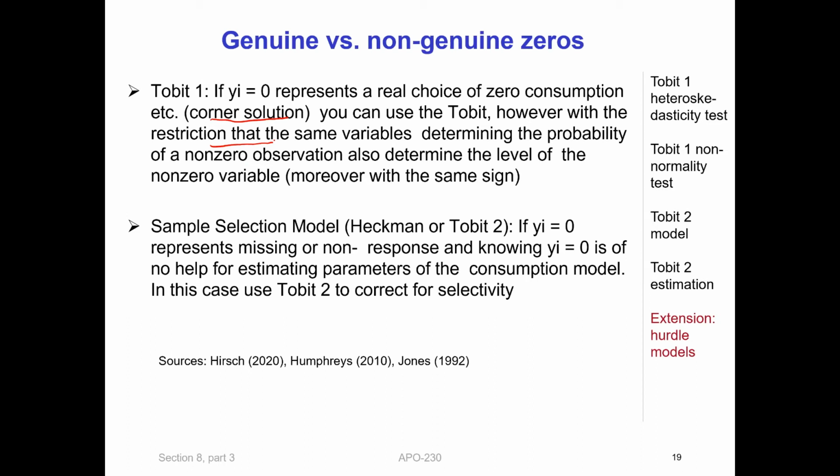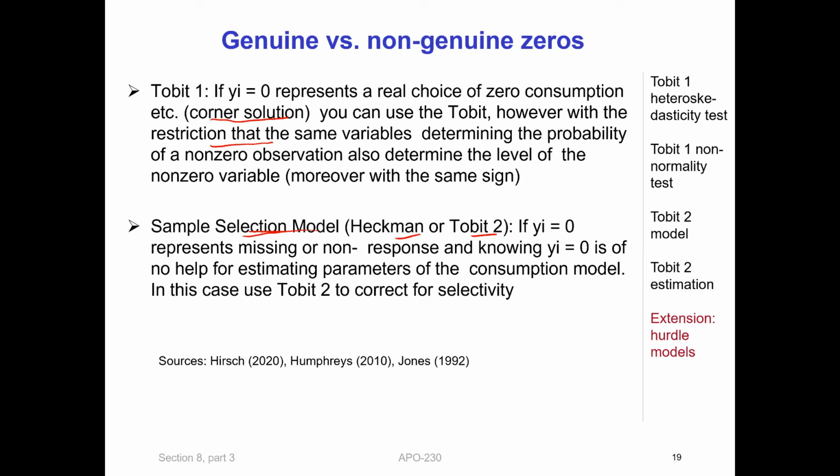On the other hand, the sample selection model, also called Heckman or Tobit 2, that we recently talked about, actually represents missing or non-response zero data.